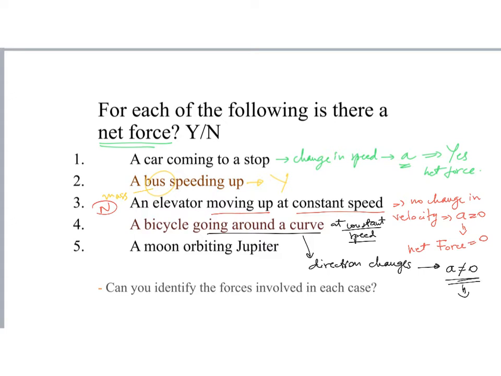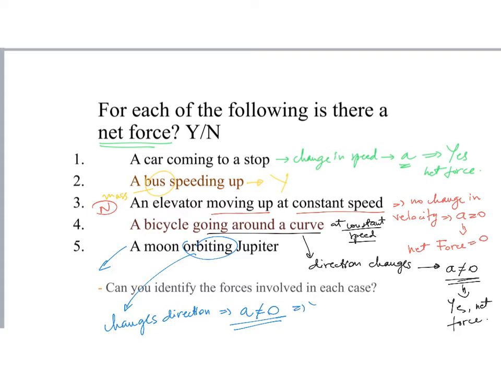It's not 0, so yes, net force. All right. Now, how about the moon? A moon orbiting Jupiter. If it's orbiting, that means it changes direction. That means there is an acceleration that is not 0, so yes, net force. Which force is that? The force of gravity.